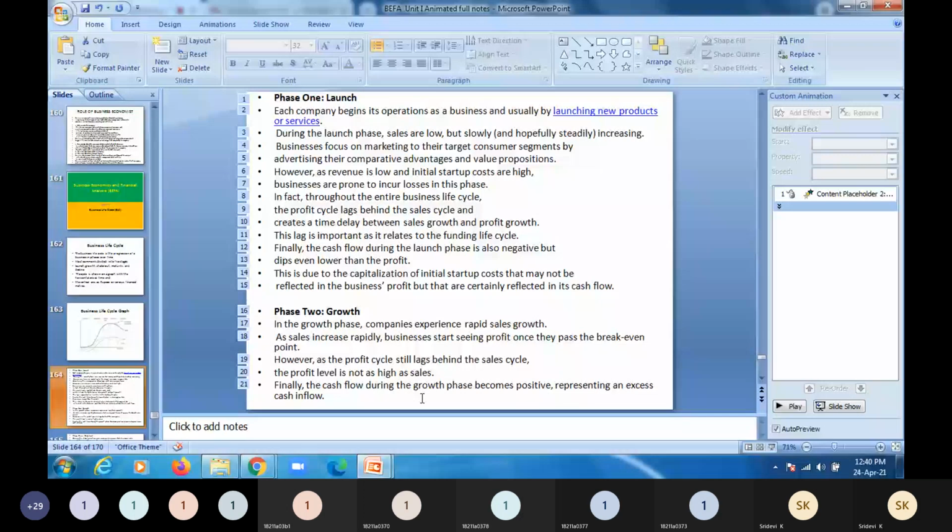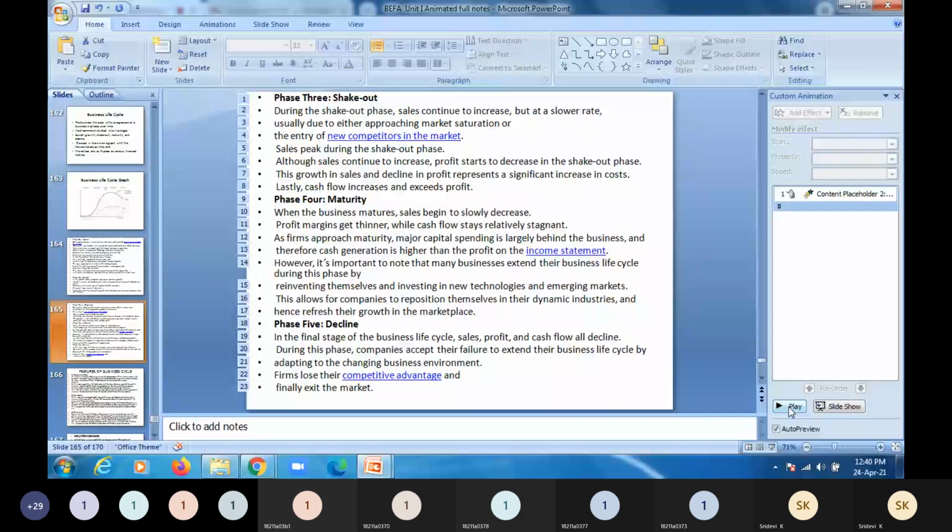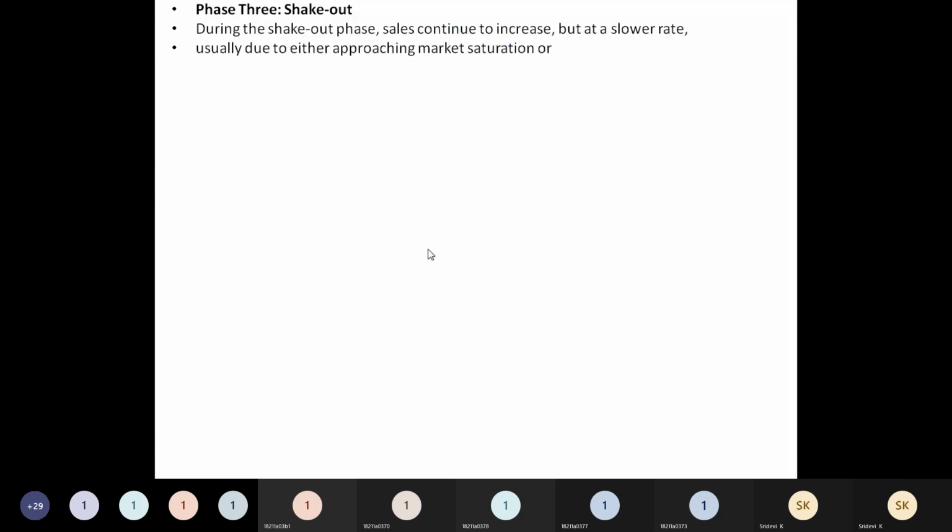And coming to the third stage, it is the shakeout stage, or shakeout phase, we will call it. In this shakeout stage, we have seen in the graph that there is an increase in sales, right? More than the growth rate.